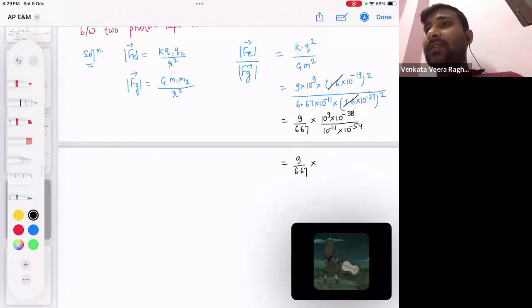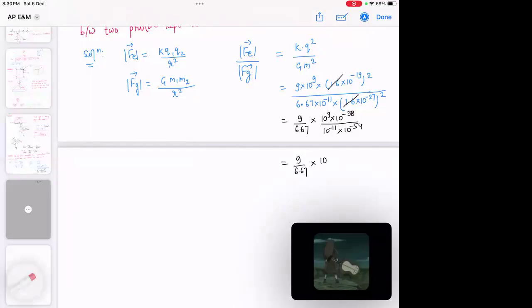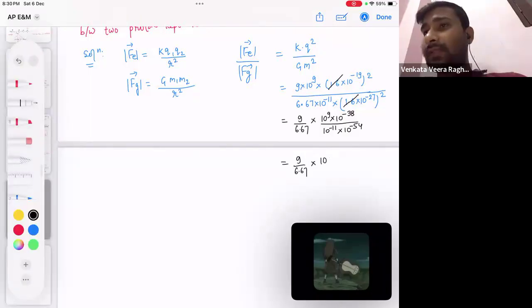Check it once. 65 minus 29 is 36. So we have 10 to the power 36. You know what this ratio represents?